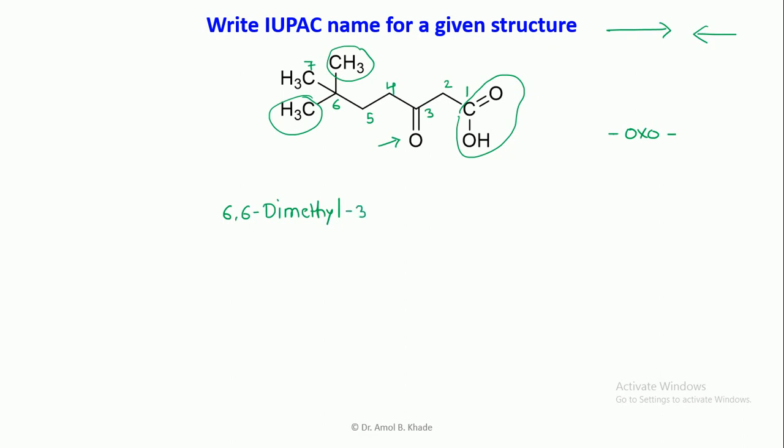Then at carbon 3 we have the oxo, so oxo will come, and then the parent chain is containing 7 carbon atoms, so it is a heptane, and E will go and oic acid will be used as a suffix to indicate the carboxylic acid functionality. Alright, so how can we write it? Without space you can write heptanoic acid. Okay, so hope you got this answer: 6,6-dimethyl-3-oxo-heptanoic acid.